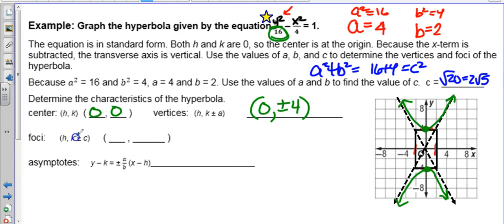It says (h, k plus or minus c), but if this is 0 and this is 0, we just have 0 plus or minus c, which was 2 square roots of 5, or like 4.5. Okay. So this is actually already up 4, it would be just inside there that the foci would be.